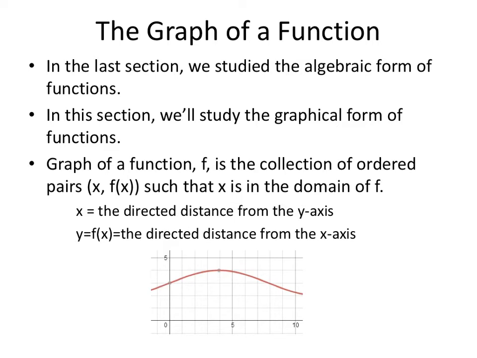So if we're looking at this on a graph, here's what it looks like. We've got our function f here, and we've got our various x values, and we've got our various f of x values. And so any point on this function has an x value and an f of x value, and that is the point x comma f of x.